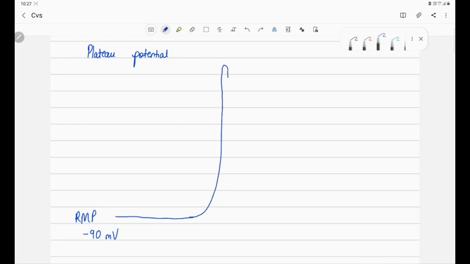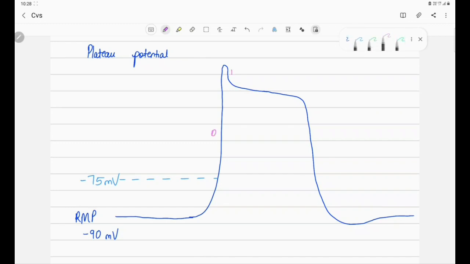Then we have this depolarization, early repolarization, plateau phase, late repolarization and the hyperpolarization phase. So we have this graph, this curve. We'll mark the phases by numbers. First, this is the firing level at minus 75 millivolts. Then we have phase 0, 1, 2, 3 and 4.